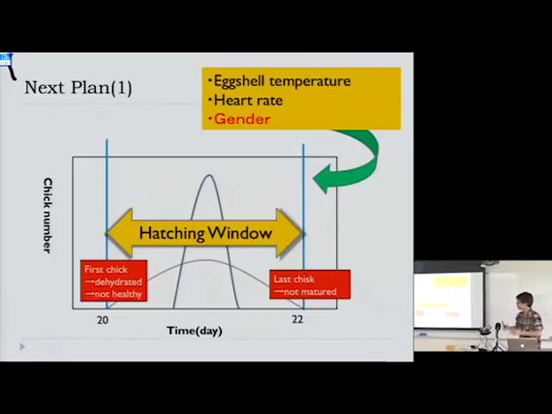Taking these two problems, one is heart rate fluctuation and two is sex difference, to approach the hatching window, I should add gender to eggshell temperature and heart rate.